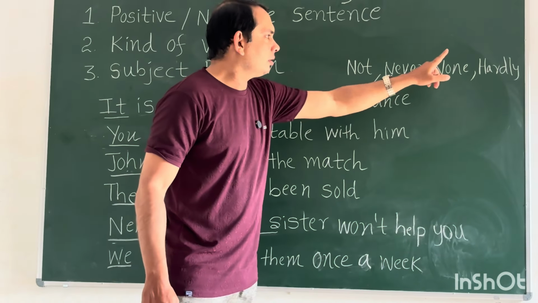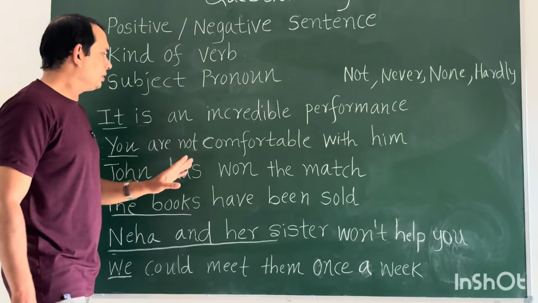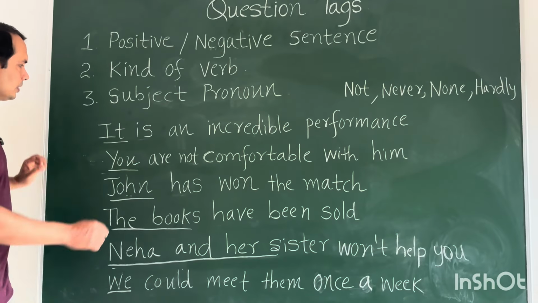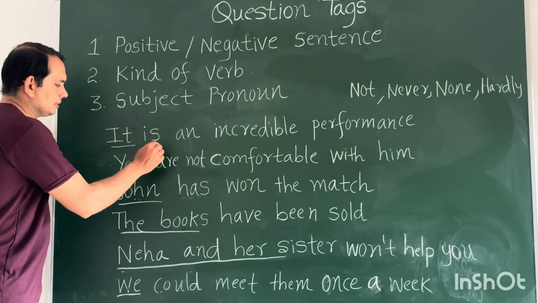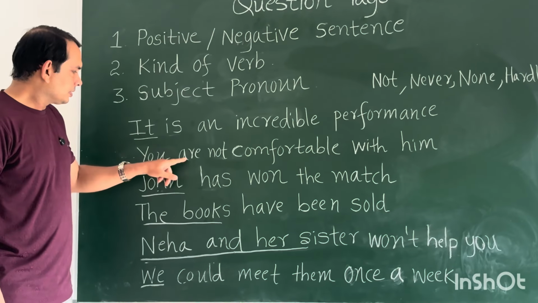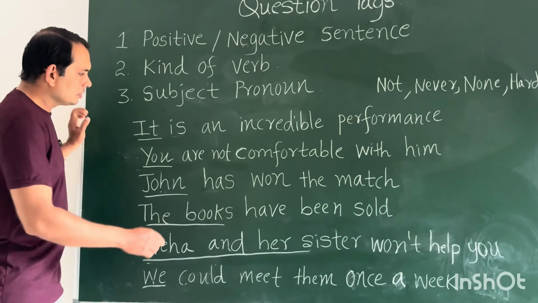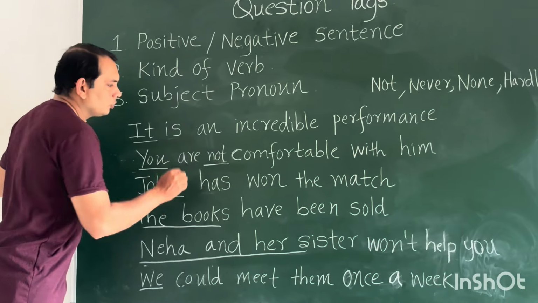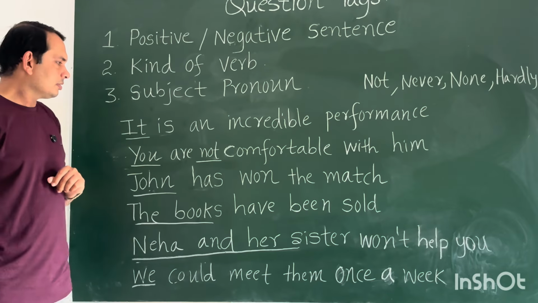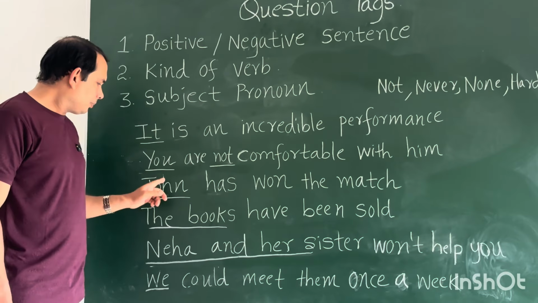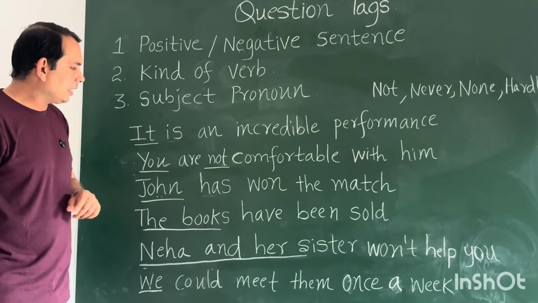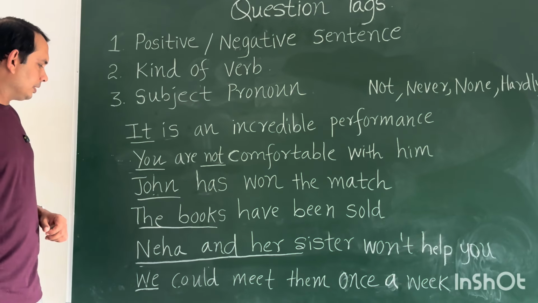Not, never, none, hardly, seldom. Such words are not used. So this is a positive sentence. This statement, second one, is a negative sentence because not is used in the sentence. Example number 3, John has won the match. This is a positive sentence.